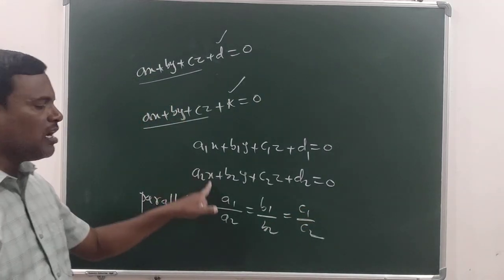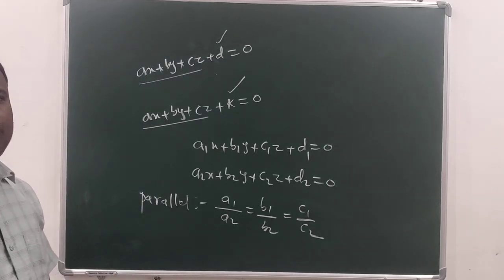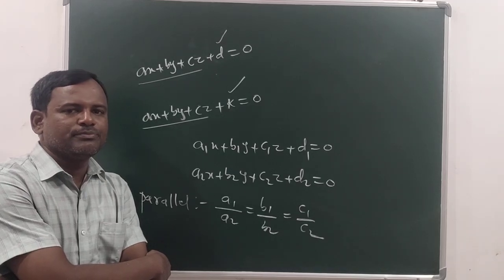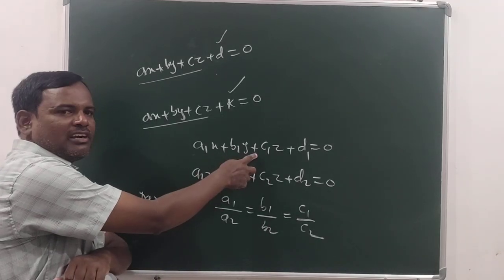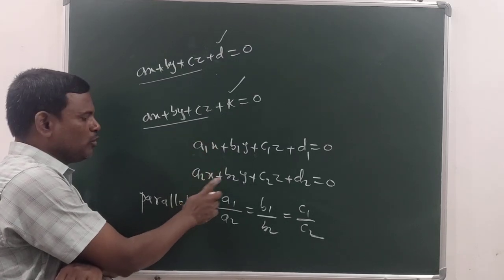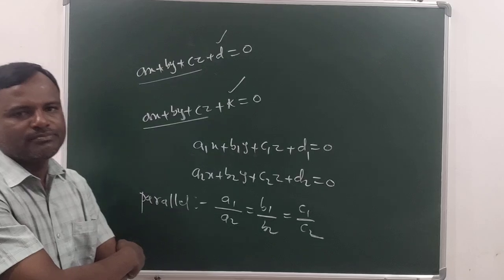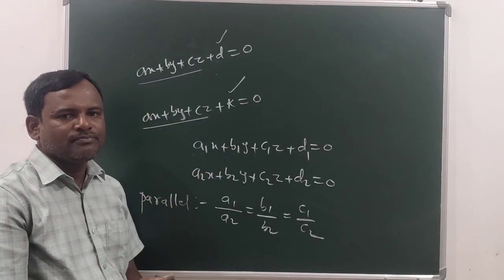Means whose normal DRs are proportional. Which means that what are A1, B1, C1? DRs of whose normal? A2, B2, C2 are DRs of this normal. Both will be proportional whenever the two planes are parallel.